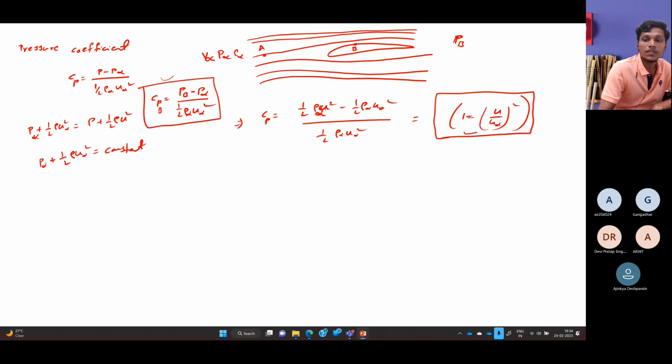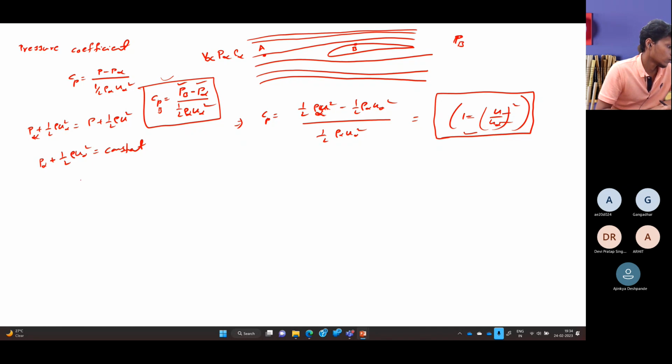So please keep in mind how to use the pressure coefficient based upon static pressures and based upon the velocity. You can play with these two things. Okay, let's go to the next one.